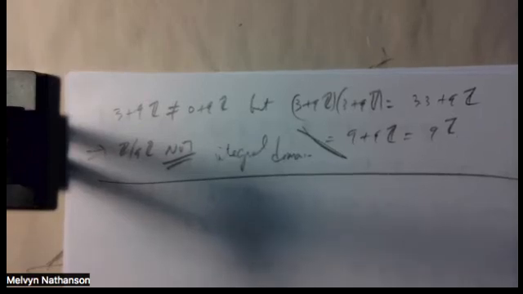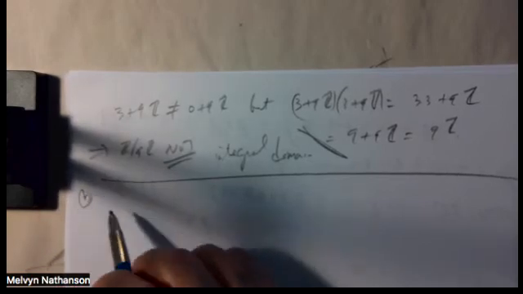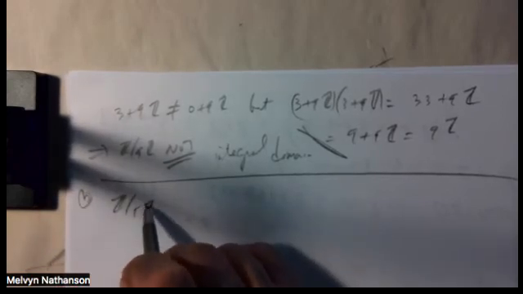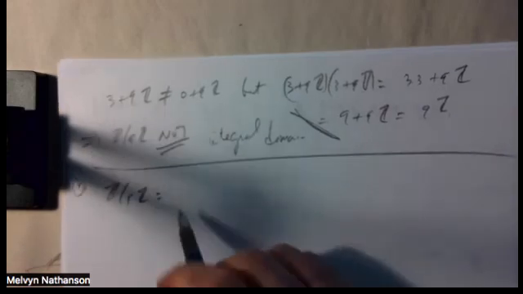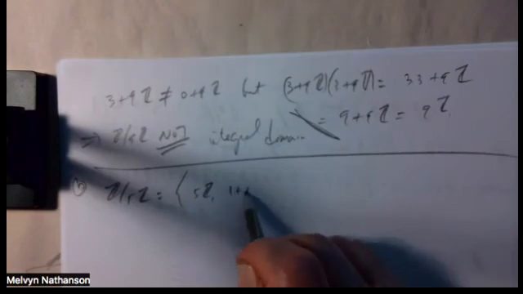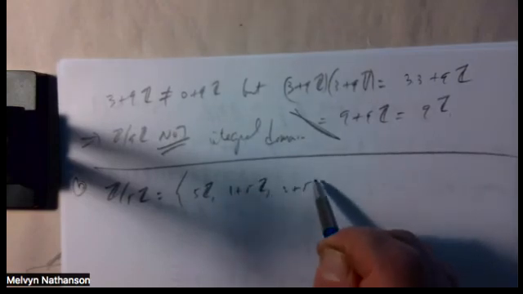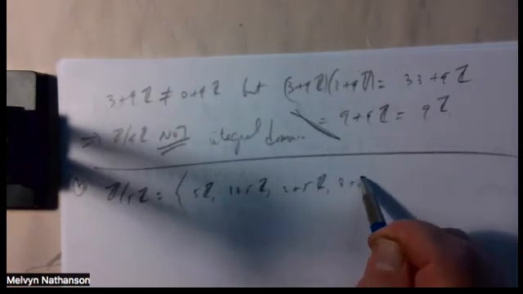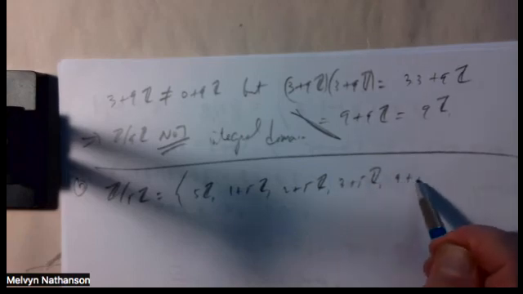Okay, what about part B? In part B, we have Z mod 5Z, congruence classes mod 5. So this is a ring with 5 elements.